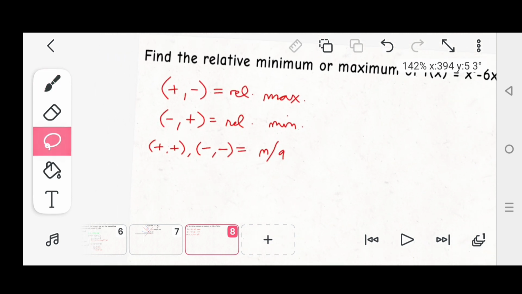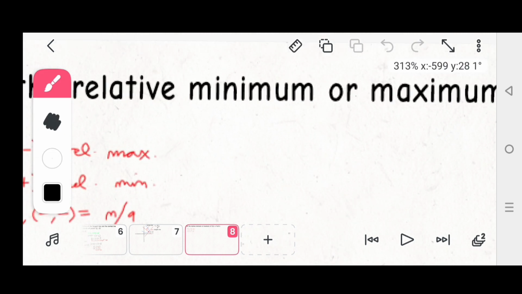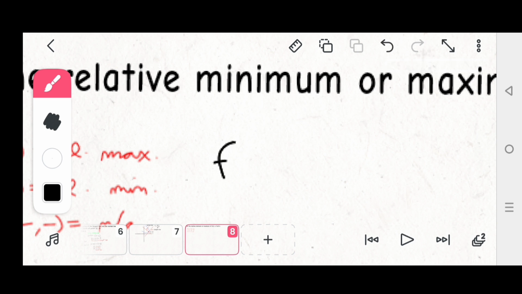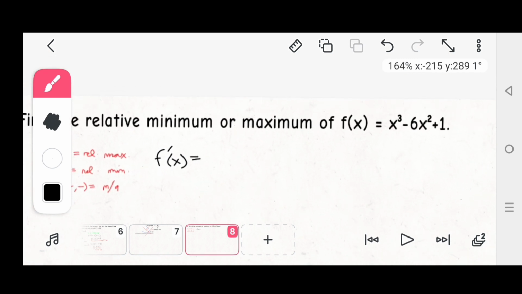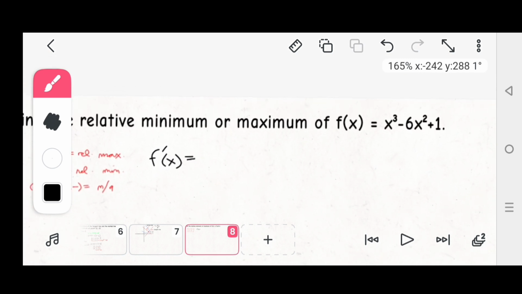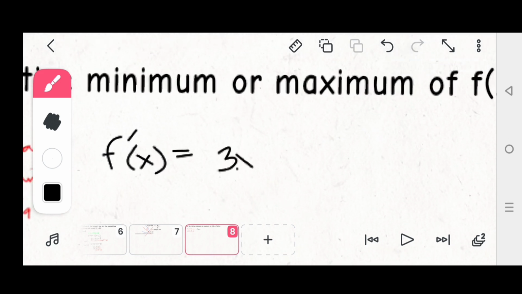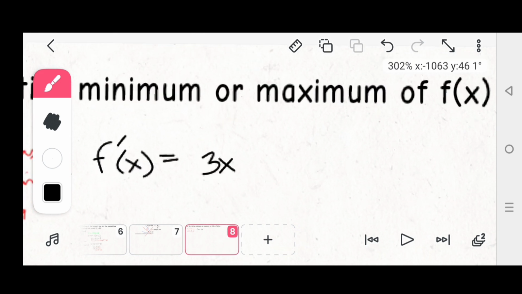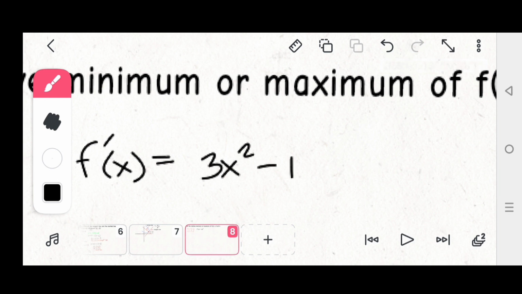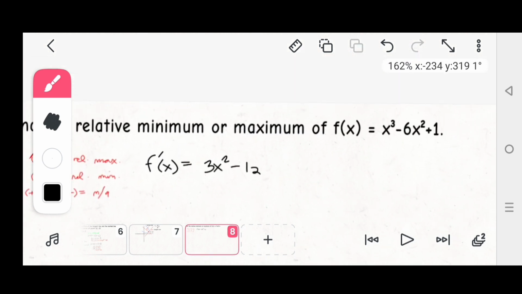So let's start. The first thing we need to do is to find the first derivative of the function, which is 3x squared minus 12x.